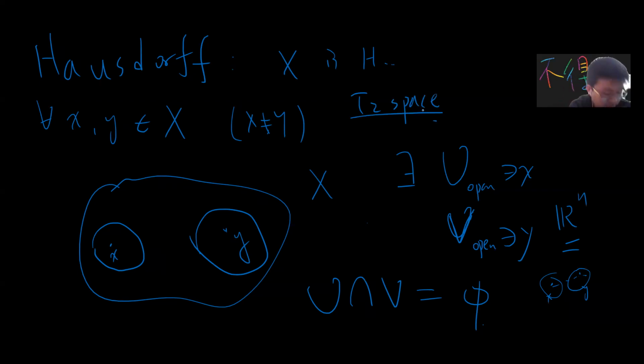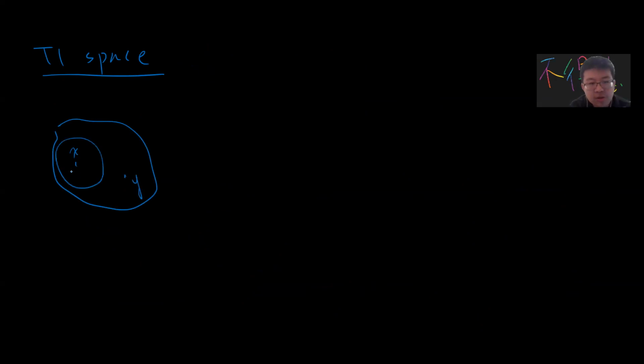And there's an idea called a T1 space, so let me just mention it. T1 space means that for any x and y which are different, there's an open set U of x such that y does not belong to U of x.